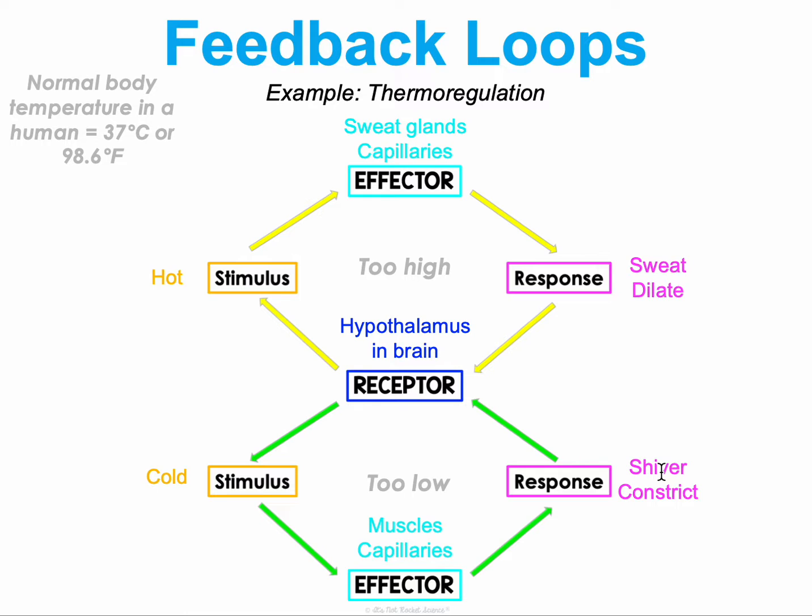The response is that your muscles will shiver, which requires energy. So ultimately, heat is released as a byproduct of this response, and also your capillaries are going to constrict to decrease surface area for heat to be contained and not released as much. So kind of the opposite effect that we saw when it was too high. And ultimately, again, your temperature should now be stabilized. So that was the example if it's too low.